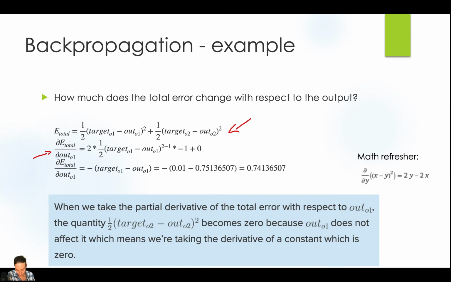If we take the derivative of this first line, we get the second line. How do we get from A to B, you might ask? Here's a little math refresher. If we take the partial derivative of the function x minus y squared with respect to y, we get 2y minus 2x.